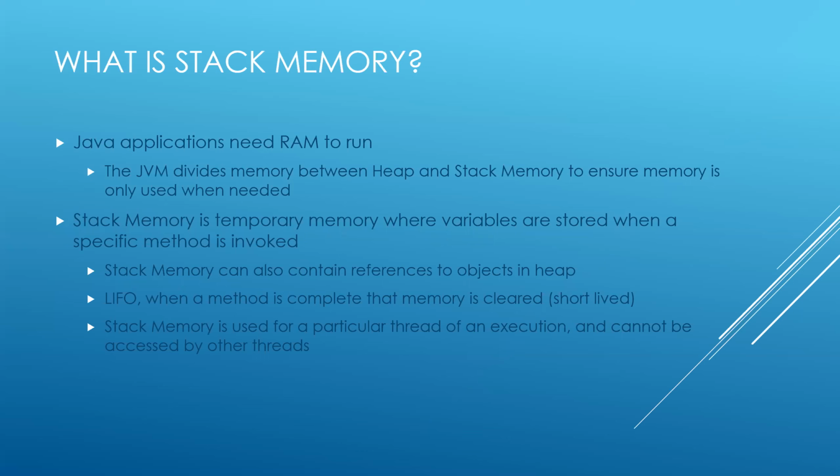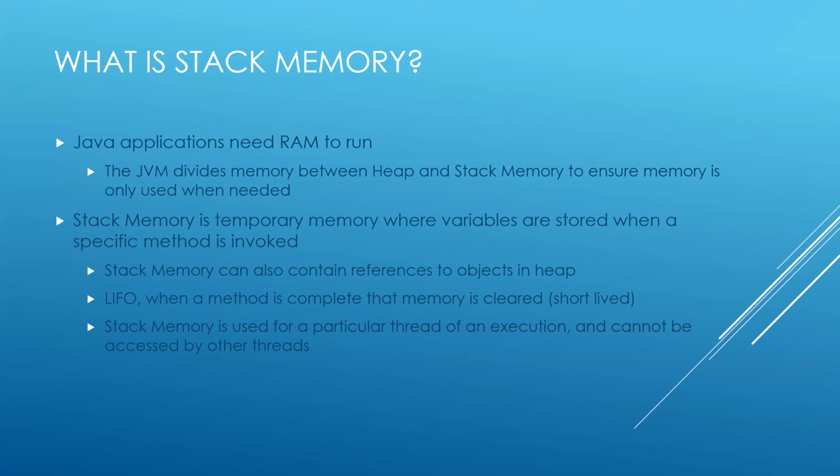We've talked about memory in Java, and as you know, any sort of Java application needs RAM to run. So if we're using our JVM for our use case, it needs RAM. To ensure memory is only used when needed, the JVM is going to divide this memory between heap and stack memory.